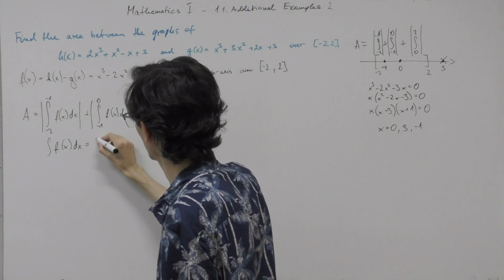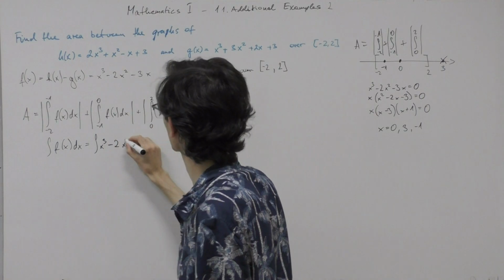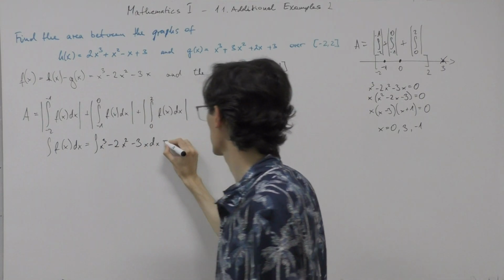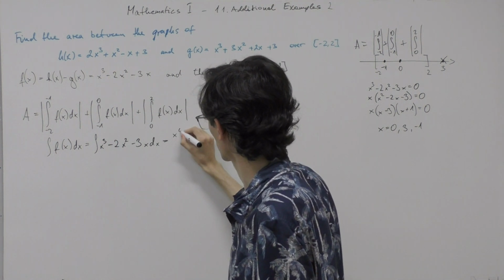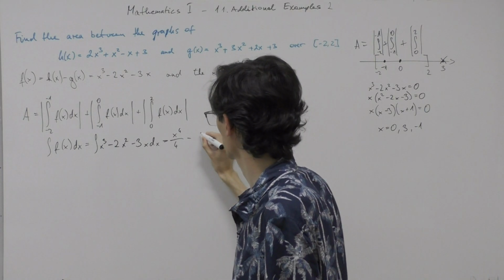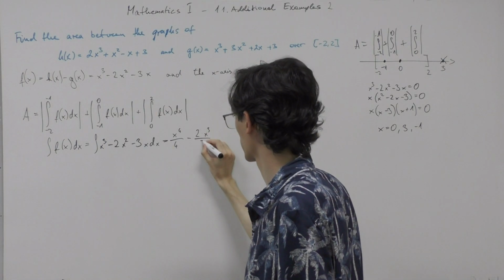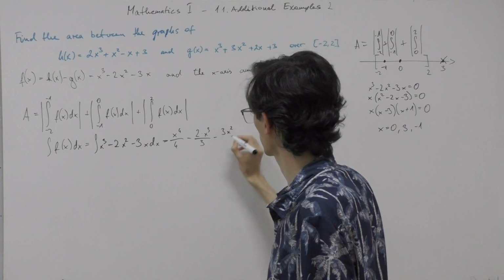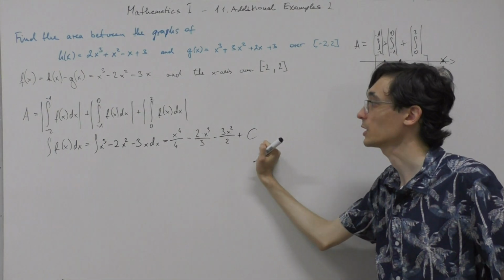This is of course just the integral of x cubed minus 2x squared minus 3x dx, and that gives us x to the 4th power over 4 minus 2 times x cubed over 3 minus 3 times x squared over 2 plus some constant c.